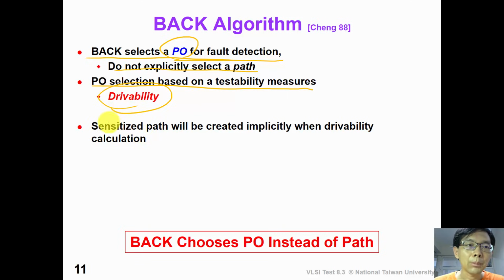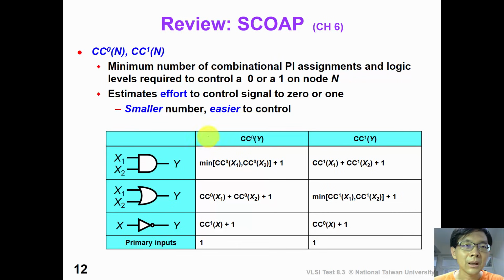When we choose a primary output, the sensitized path will be automatically created with the drivability measure calculated. So the back algorithm chooses primary output instead of path, so that we can avoid the problem of the exponential number of paths.